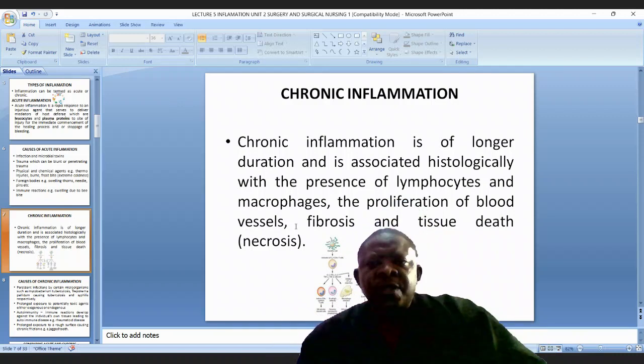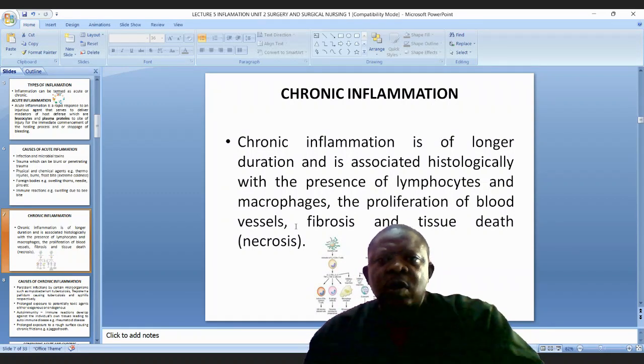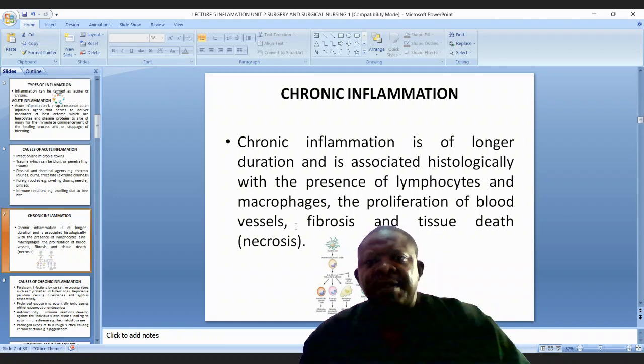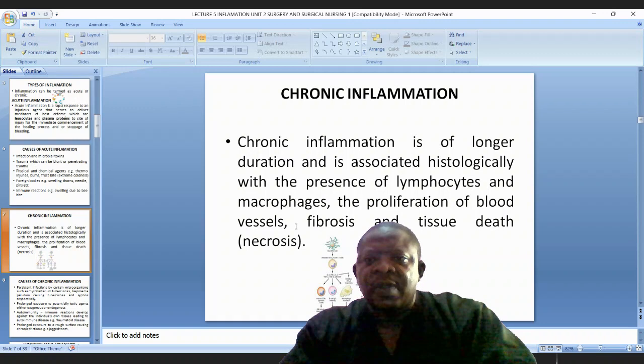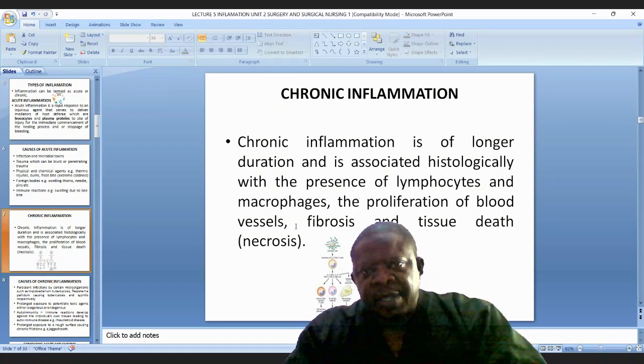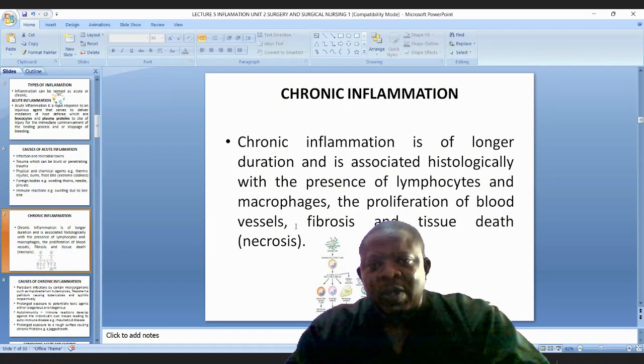So chronic inflammation is simply inflammation that has got a longer duration and is associated histologically with the presence of lymphocytes and macrophages, the proliferation of blood vessels, fibrosis, and also tissue death. So these are histologically associated with chronic inflammation.